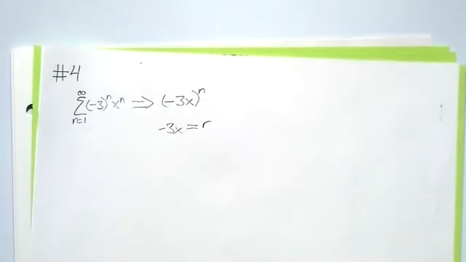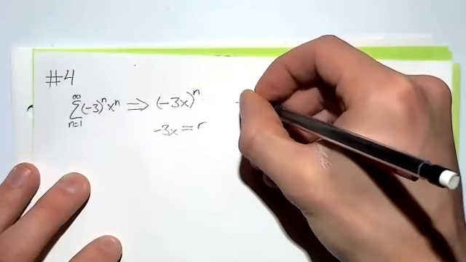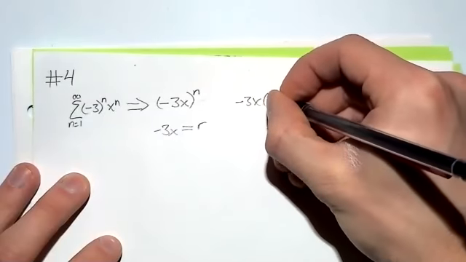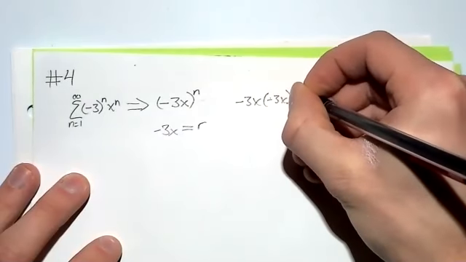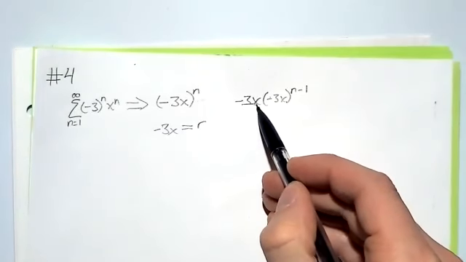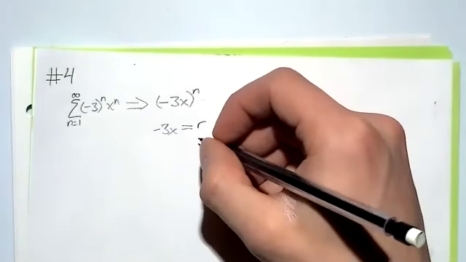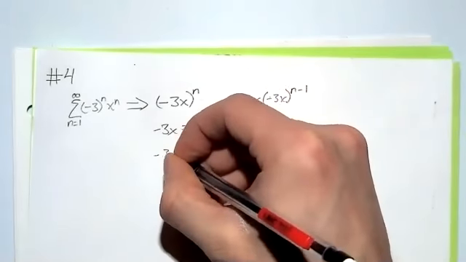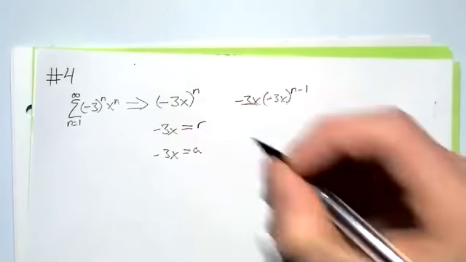And if we think about our first term, we want to start at n equals 0, so with n minus 1 we're going to have -3x times (-3x) to the n minus 1. So a will equal this -3x.